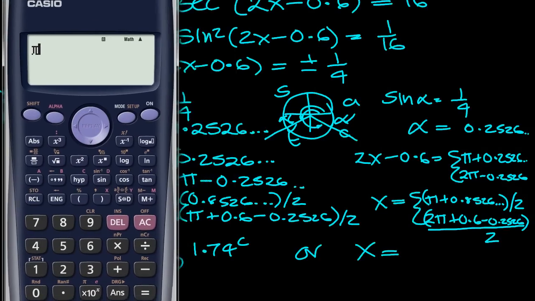So it's pi plus 0.8526 equals, and then divide that by 2, equals 1.997, which is 2.00 to 2dp.